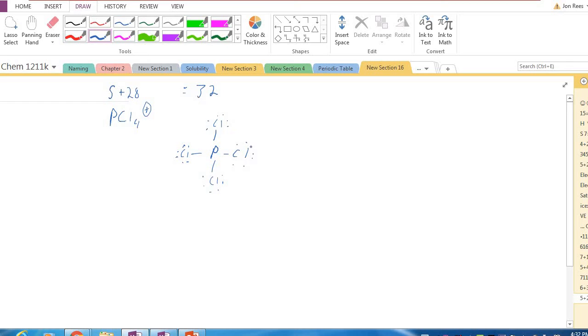Okay, so for PCl4 plus, let's count valence electrons. Each of these units has 8 valence electrons. I have 1, 2, 3, 4. So I have drawn the Lewis dot structure for PCl4 plus because it has 32 valence electrons. All my octets are taken care of, and I feel really good about this.